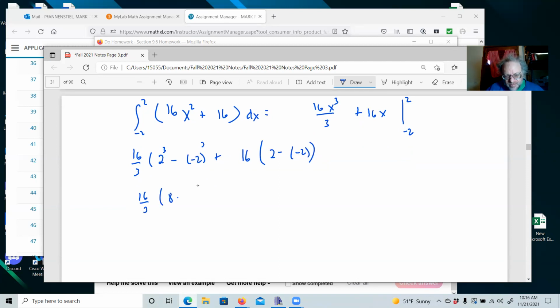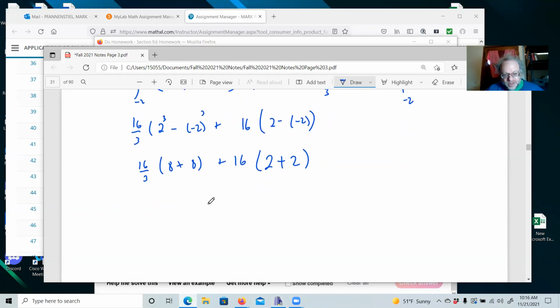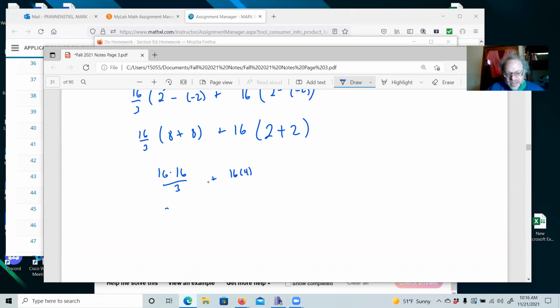We have 8 minus a -8, plus 16 of 2 minus a -2. So here we have 16 times 16 over 3, and then 16 times 4. Well, 16 times 16 is 256 over 3, plus 64.